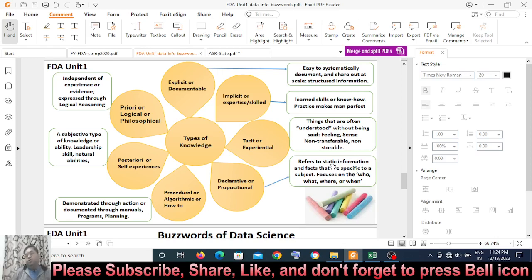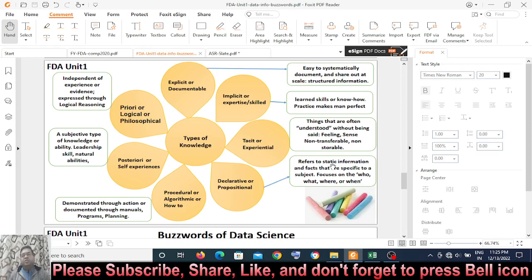These know-how things come with expertise when you practice something. This implicit knowledge is generally told by the slogan: "Practice makes a man perfect." That is called implicit knowledge.